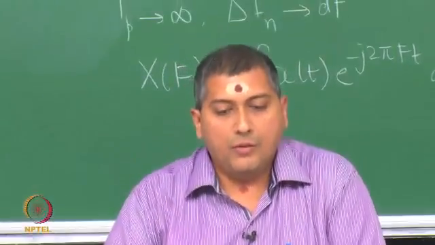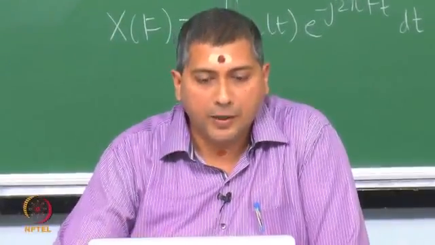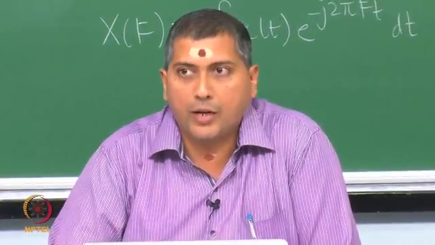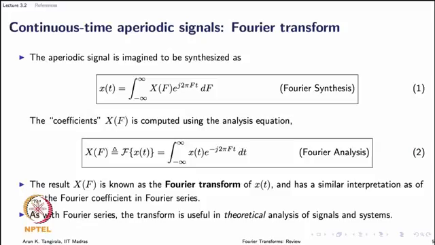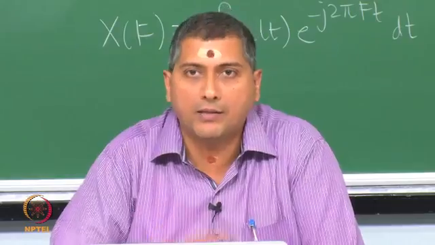Okay. So, now we return to the interpretation of the results. The rest is all about interpreting these results. So, I have this Fourier analysis equation, and the interpretation of x of f is on the same lines as that of the Fourier coefficients for the Fourier series. X of f is a complex quantity.